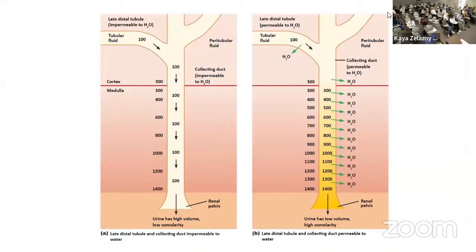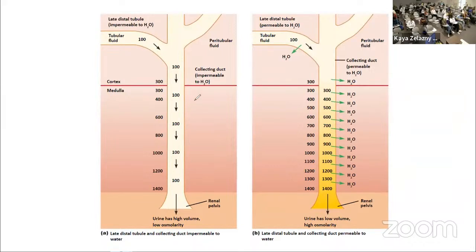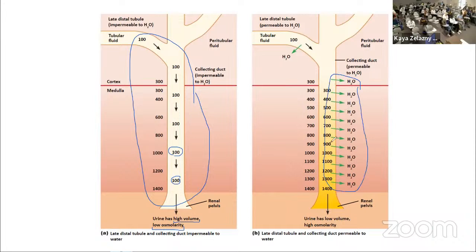So here we can see a comparison of those two situations. In that previous slide, I was just showing you this first one, okay, where we did not have aquaporin 2. So we just keep this low osmolarity in our urine, and end up with low osmolarity and high volume because we got lots of water left. Okay. But here we see in the presence of ADH, our hormone, we insert aquaporin 2 into our membranes, which means water is able to flow out.